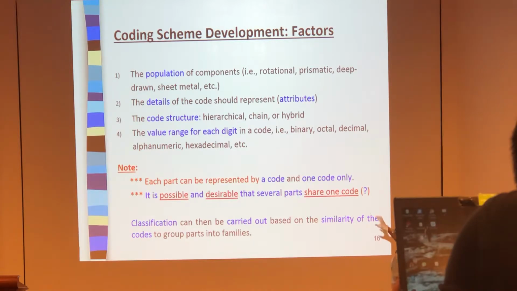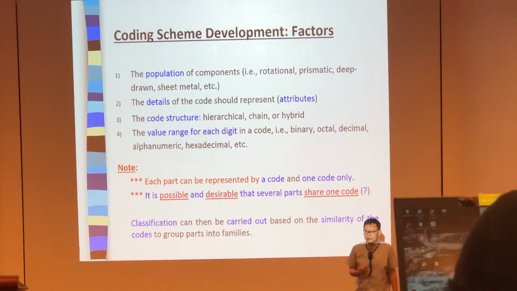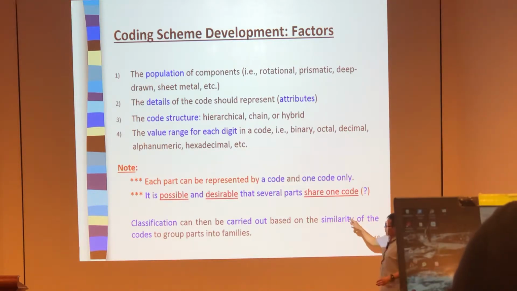After a coding scheme or coding system is developed, you want to do some verifications to see whether the coding system is valid or not. And these 2 are very important. The first one is, if you look at the population, the parts you want to be covered by this coding system, you have to make sure that every part can be represented by a code, which means you can code that part.